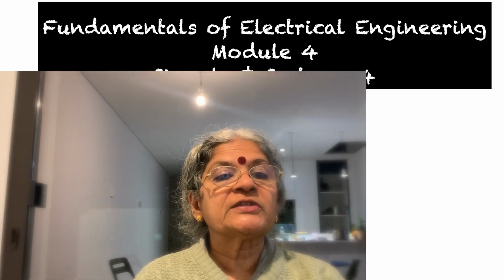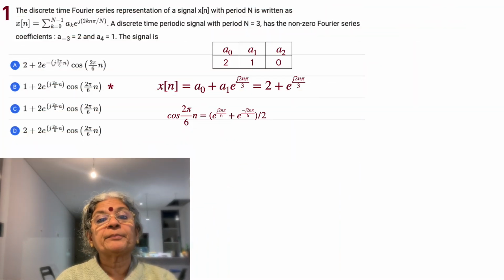In the first question, the discrete time Fourier series representation of a signal x[n] is given with period as capital N. Now the Fourier series representation is given as x[n] equal to the summation over k, and as is very clear, there are only discrete numbers, that is, the coefficients go from k equal to 0 to N minus 1.